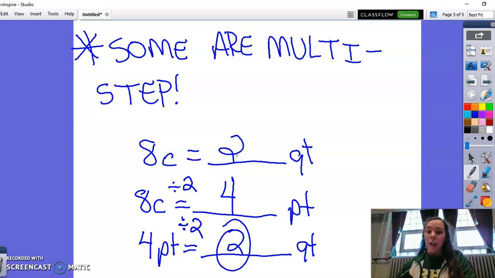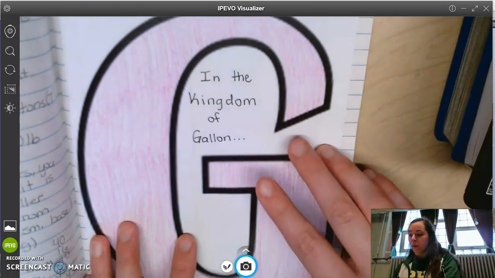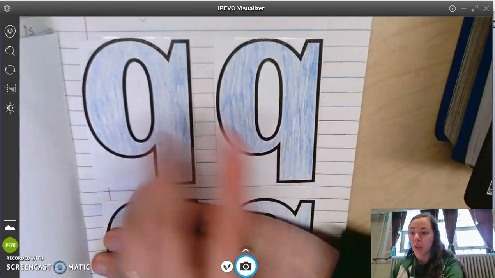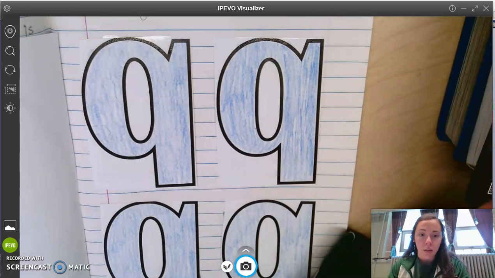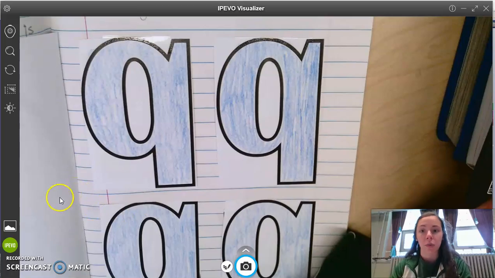Okay? And actually, if we look at our kingdom of gallon here, we're looking at 2 quarts. So we're just going to look at these top 2 here. We said that there should be 8 cups inside 2 quarts. So let's go ahead and count and see if we're right.